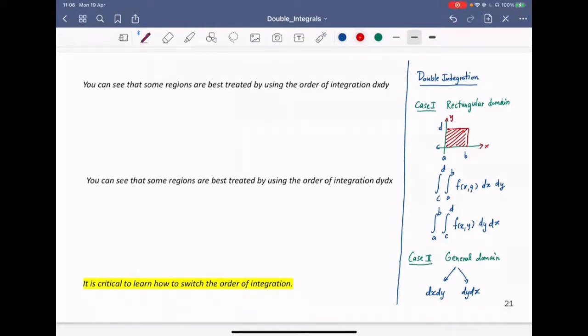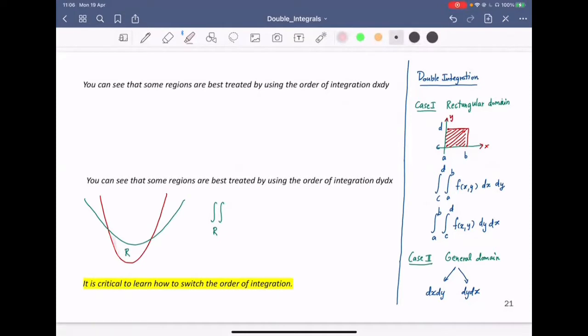For example, if you have something like this parabola, the red one, and then you have another parabola, let's say the green one here, something like that, and then you want to do a double integration over the region R. This is the region R that you have.